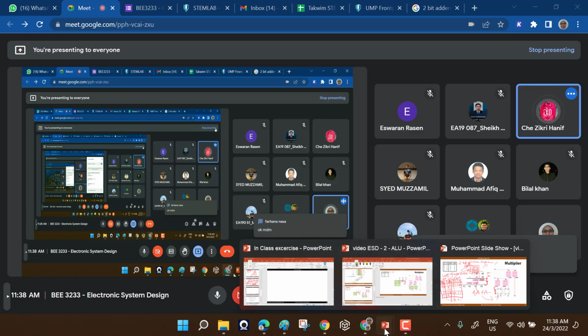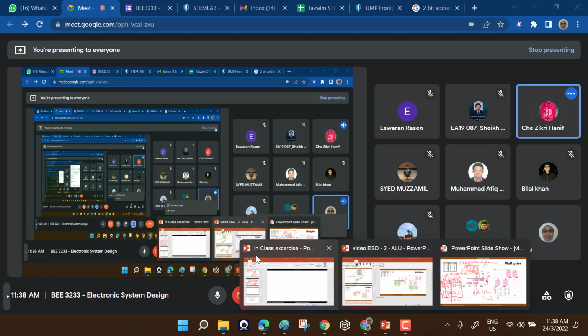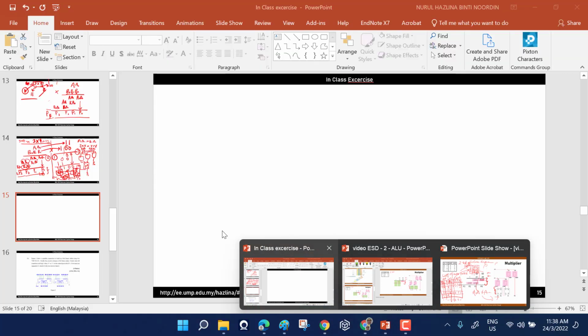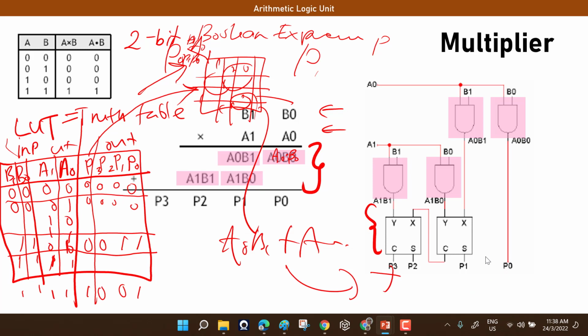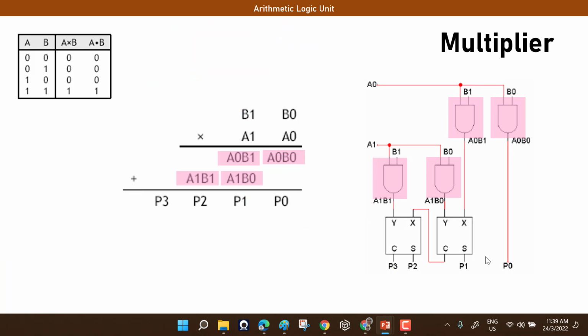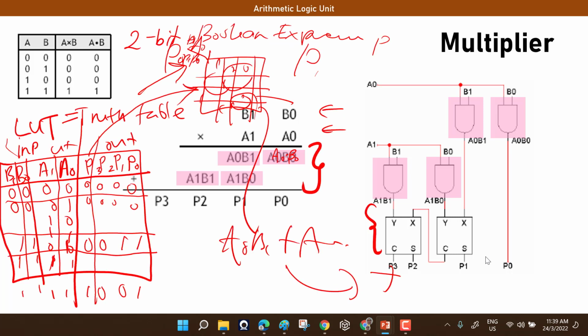Yang akhir-akhir tu. Yang macam nombor satu-satu untuk lookup table lah. Yang dapat P0, P1, P2. Yang masuk dalam kotak tu. Okay. Madam boleh jelaskan sikit.